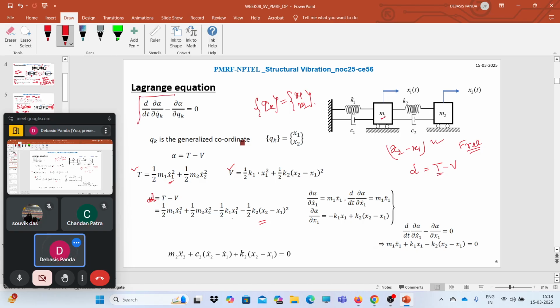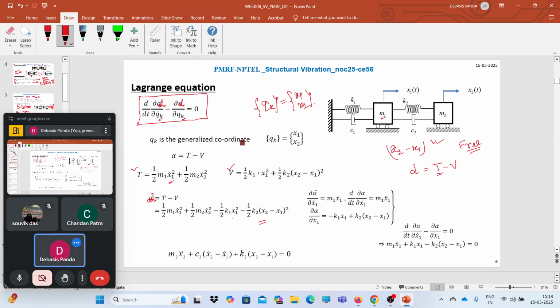Now recall what the Lagrange equation was: d dt of del L by del qk dot, minus del L by del qk, is equal to 0. So now we need to use this equation. First we need the first differentials with respect to qk dot and qk.